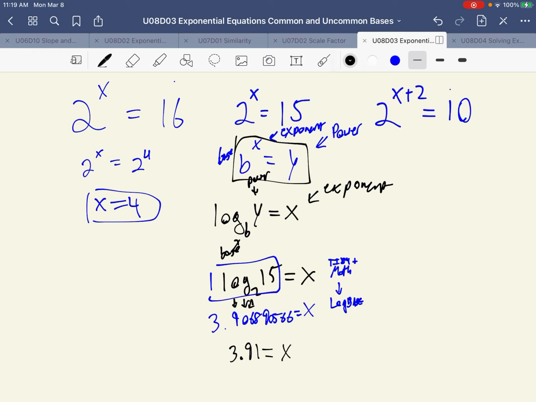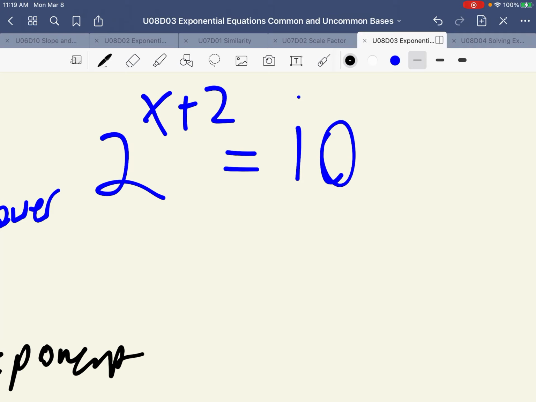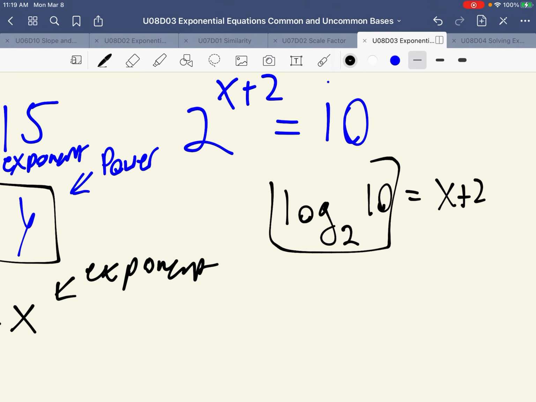Now, these same types of problems can be done if the exponent looks a little bit crazier. So we're going to take a look at one more example with a more complicated exponent. We're going to do the same thing. We're going to write log of base 2 of 10 is equal to x plus 2. So again, this is a value that we can find in our calculator. So I'm going to do that now. I'm going to round to the nearest hundredth, as we will with most questions in our class.